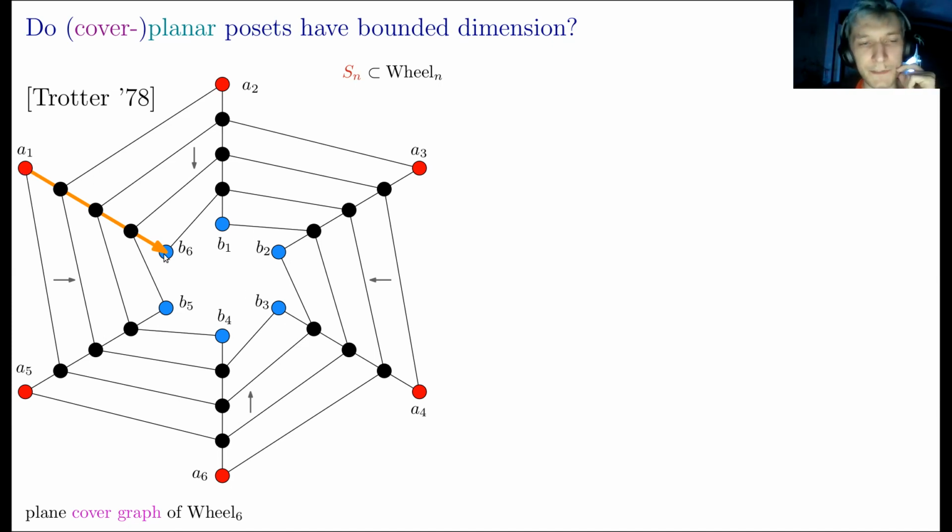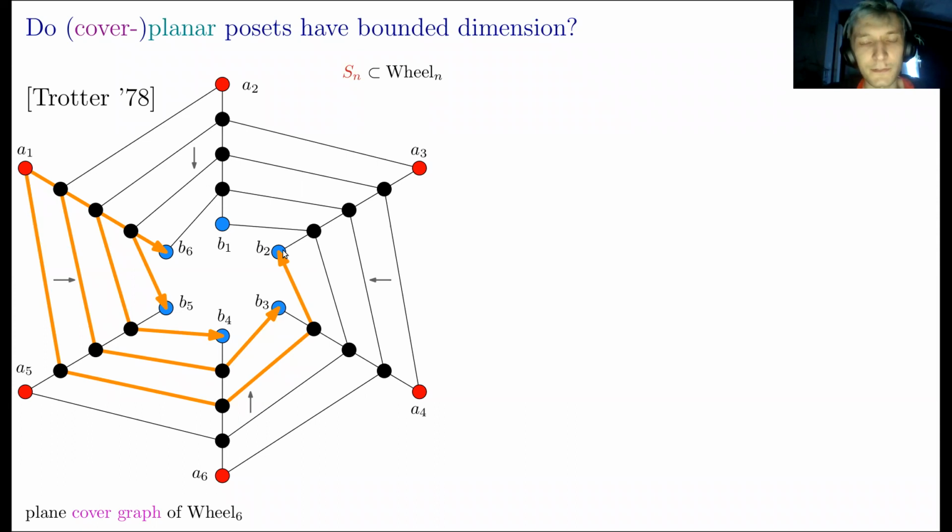So A1 is under B6 just by taking this chain. If we turn here, then we get under B5. Then if we turn here, we get under B4. If we turn here, we get under B3. And if we don't turn but follow the spiral from the beginning, we get under B2.